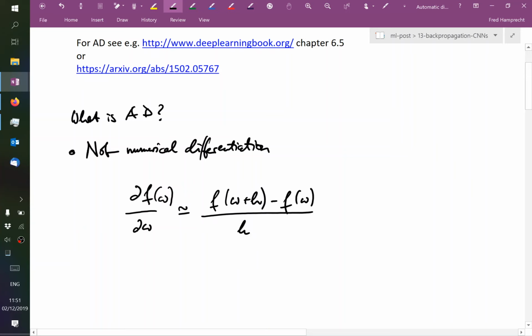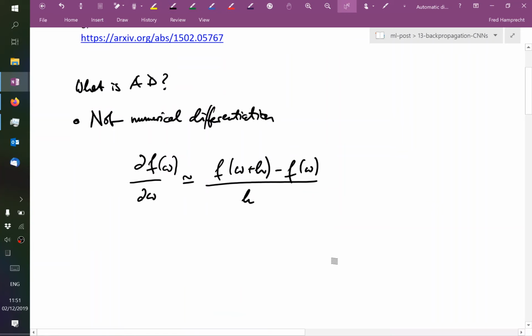And if we make h small enough, and if our numerics are good, then this will be a decent approximation to the derivative at some point. So I should maybe say that this is evaluated at perhaps w old, and then we would use w old here.